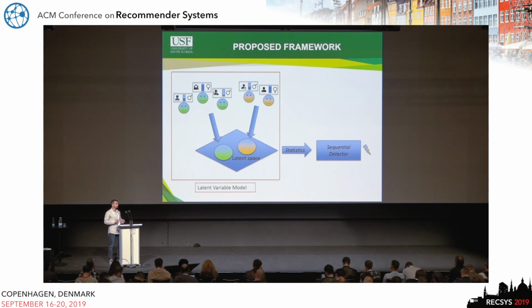We train this model by using only the genuine users. In the test phase, we have new users, so we use the information of these new users and the trained model parameters to project these new users to a latent space. Then we produce some statistics from the latent space and use them inside a sequential framework. In this framework, we use a likelihood test to detect system-wide faults.